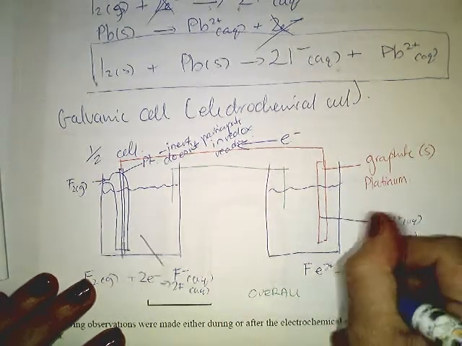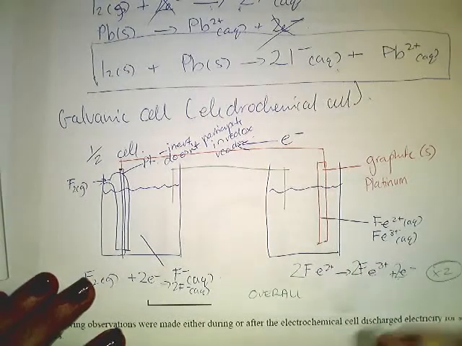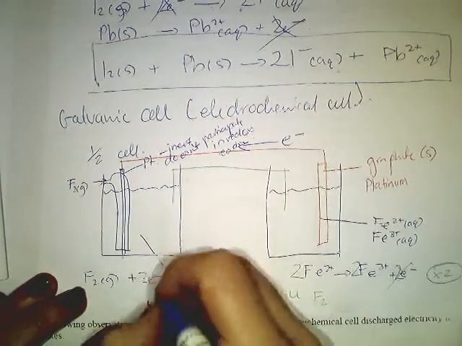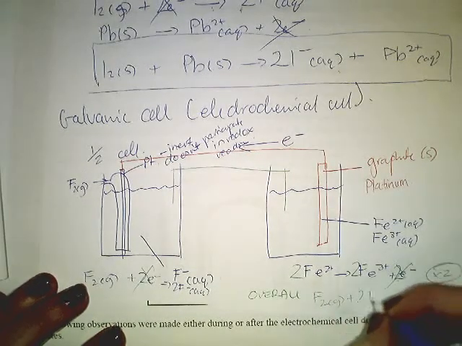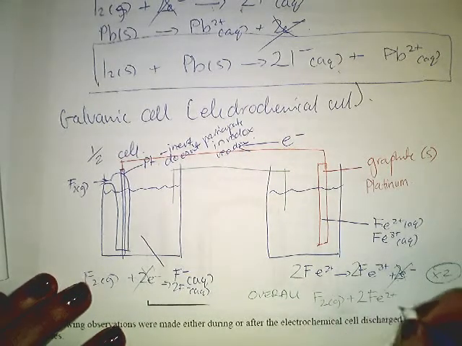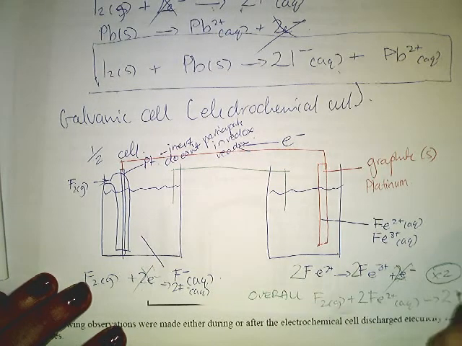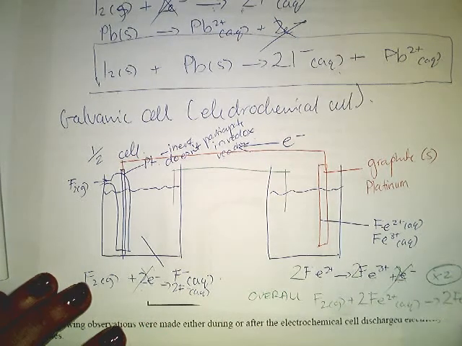So we need to times this one by 2. That's all I've done. So then you combine, the electrons cancel out, F2 gas plus 2Fe2 plus produces 2Fe3 plus plus 2F minus, aqueous.